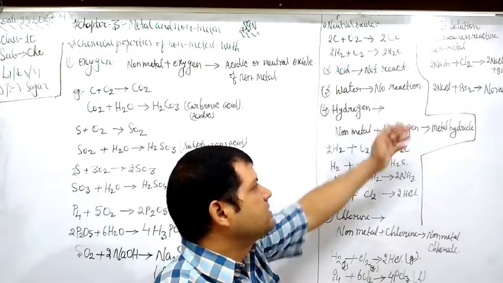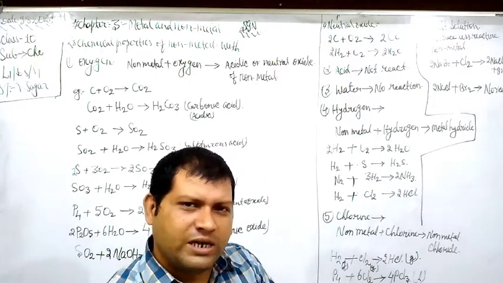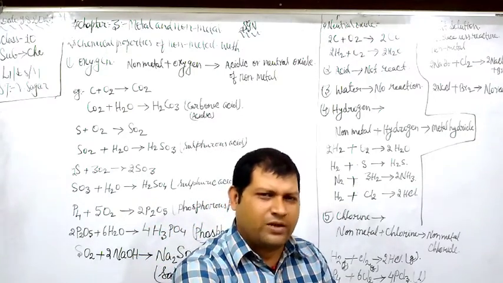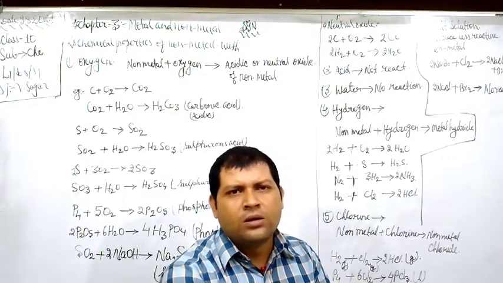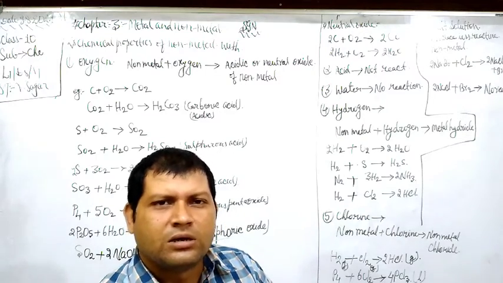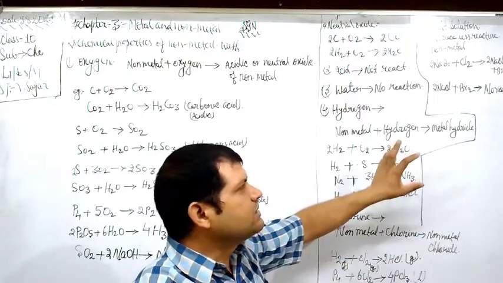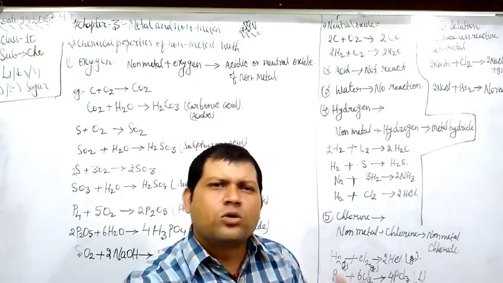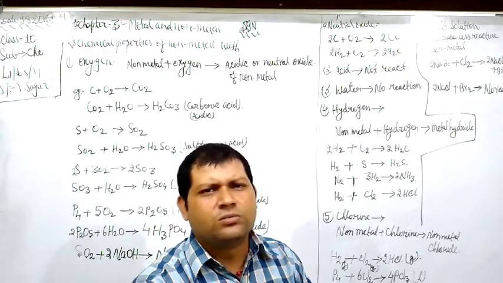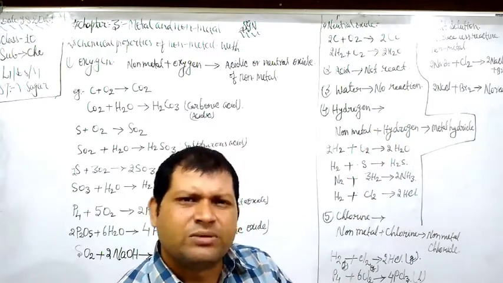As for example, you can see here. But how can we say that chlorine is more reactive than bromine? Because when we react sodium chloride with bromine, then we observe there is no reaction. From it we can conclude that bromine is not able to displace chlorine from sodium chloride. So we can say that bromine is less reactive than chlorine.